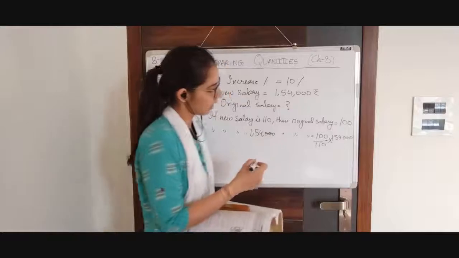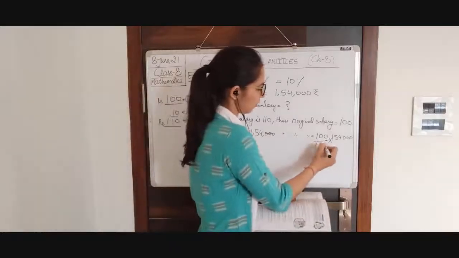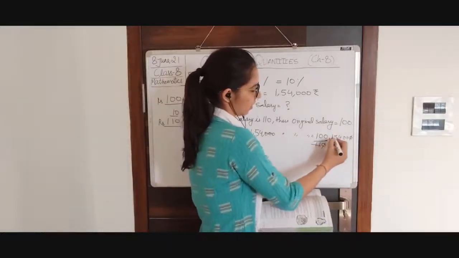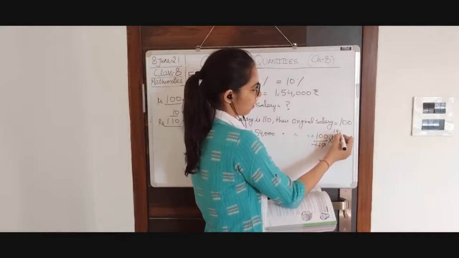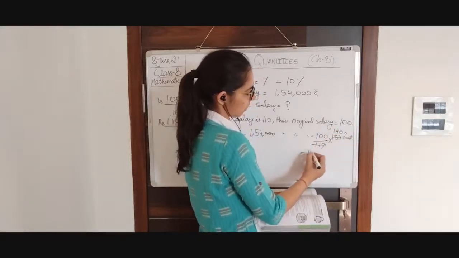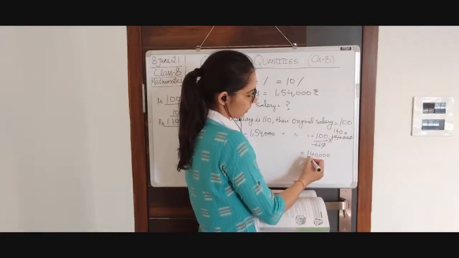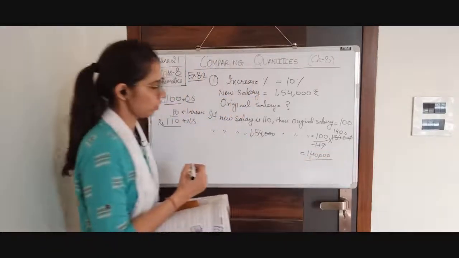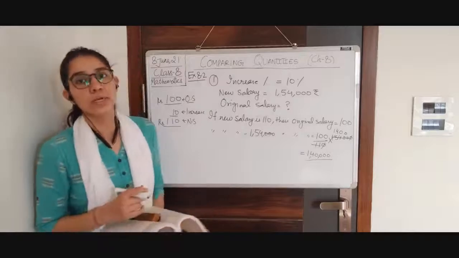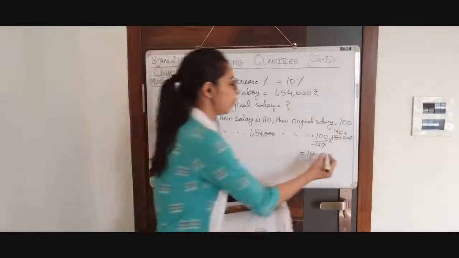Okay, now we will perform the calculation part. 11 1 4 0 0, so it is 1400 and then 2 zeros, 1,40,000. So your original salary was 1,40,000 rupees.